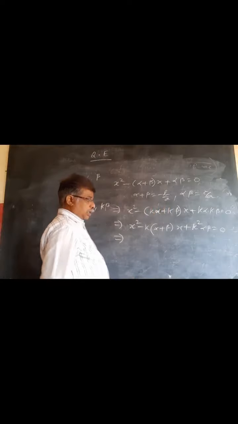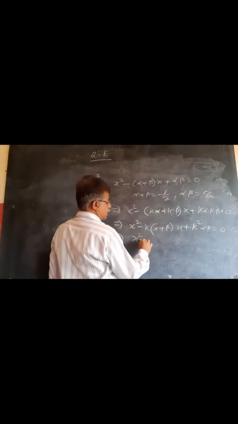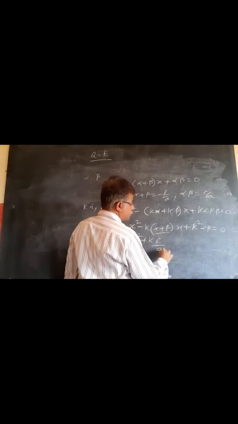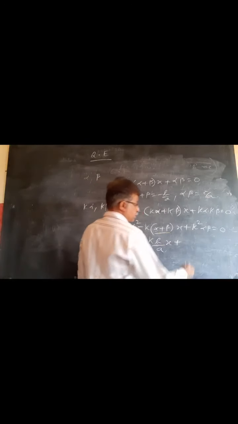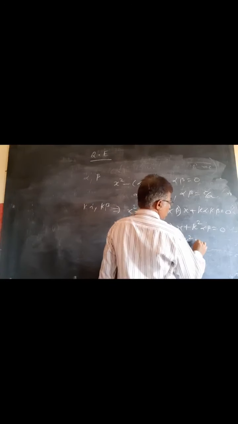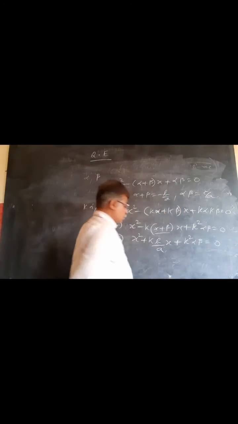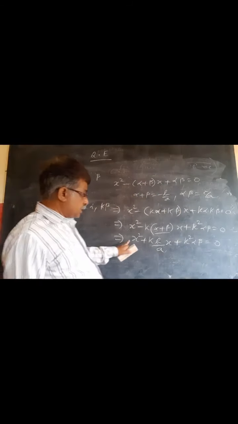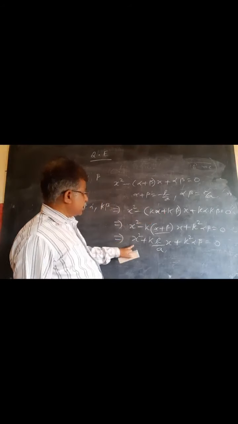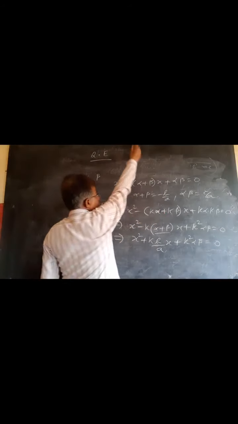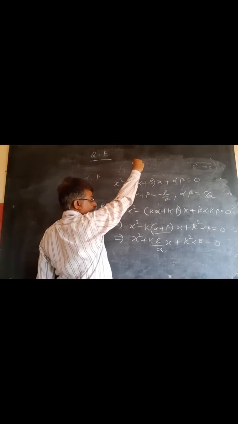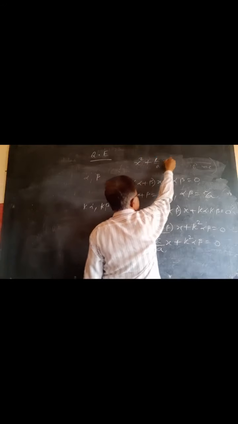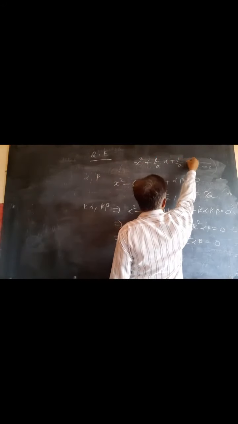Now if I write this, x square minus k into alpha plus beta, which is minus b by a, becomes plus k b by a x plus k square into alpha beta equal to 0. If I take k square common, no problem. If you observe, this equation is nothing but the previous equation, after taking a common, x square plus b by a x plus c by a equal to 0.